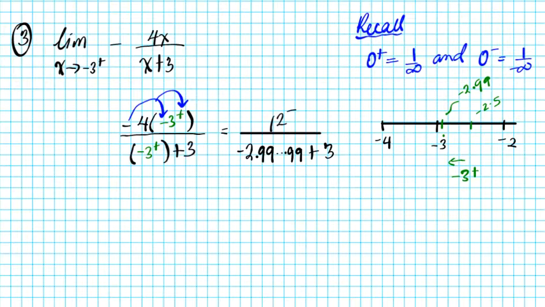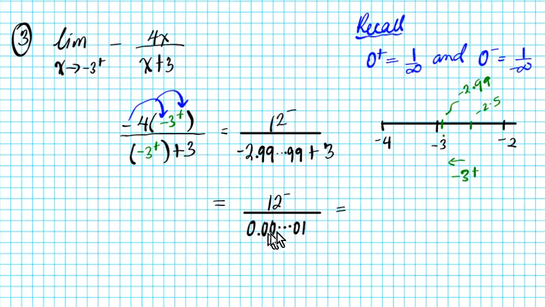When the signs are different, just like in basic arithmetic, you subtract and keep the sign of the bigger. So 3 minus 2.999 is 0.00, an infinite number of zeros, 1. The bigger number is positive, so your result is going to be positive.